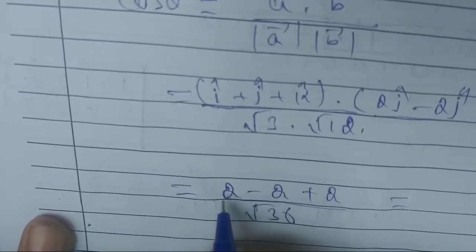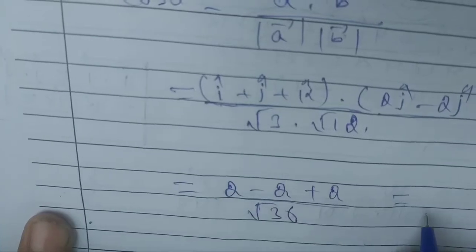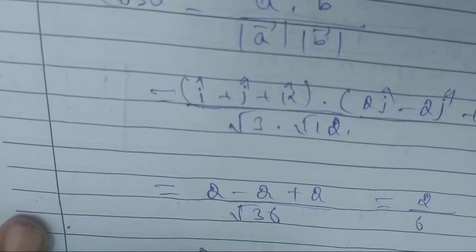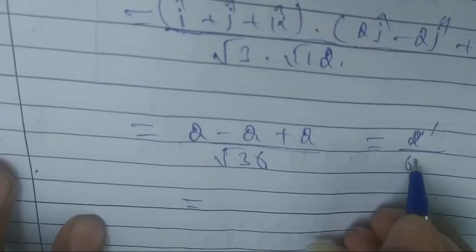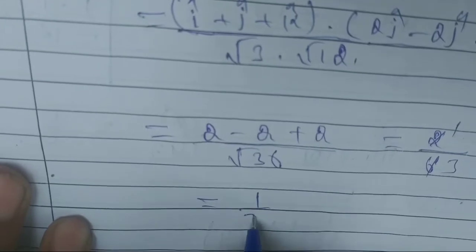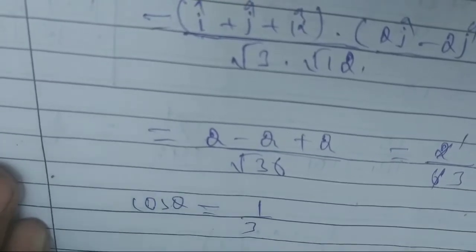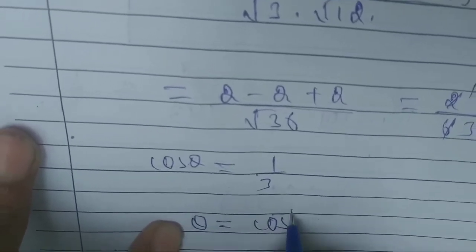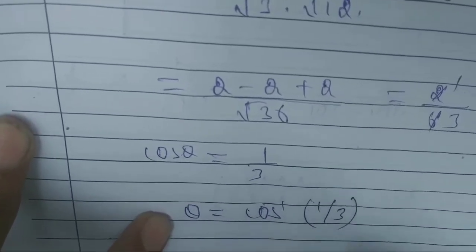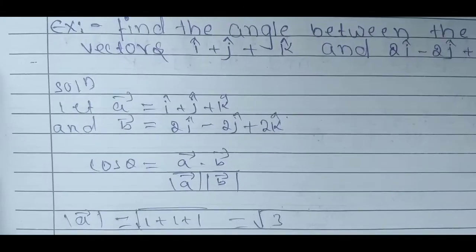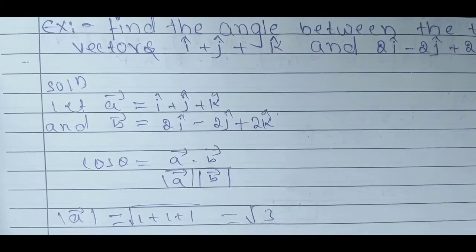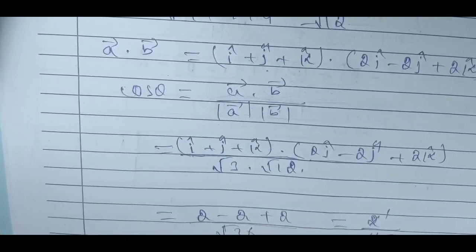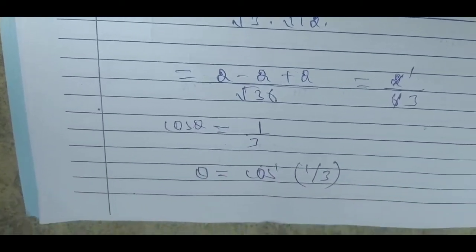Here we are left with 2 upon root 36, which is 6. This is 1 by 3. Cos theta is equal to 1 by 3. Here we will get theta is equal to cos inverse of 1 by 3. In this way we can find out the angle between the two vectors. This is a very important question for your annual examination.